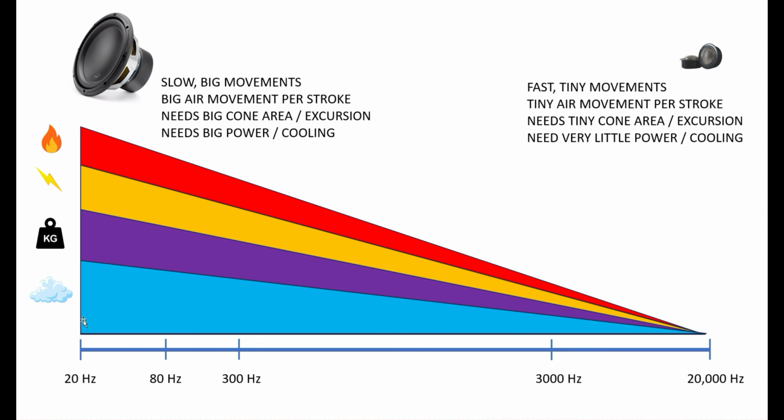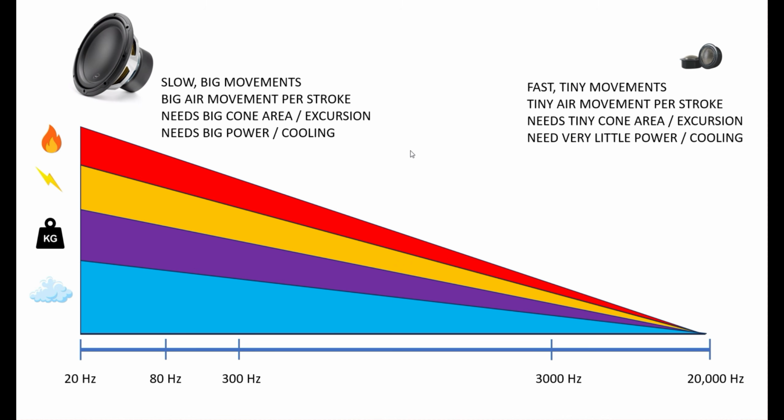Whereas down at the other end of the scale, the lower we go in frequency, the slower and the bigger the movements need to be. We need the cone to move more air per stroke, which means that we need bigger cone area and bigger excursion. And because we've got more mass in the cone and we want to move it further on each stroke, that means we need more electrical power.